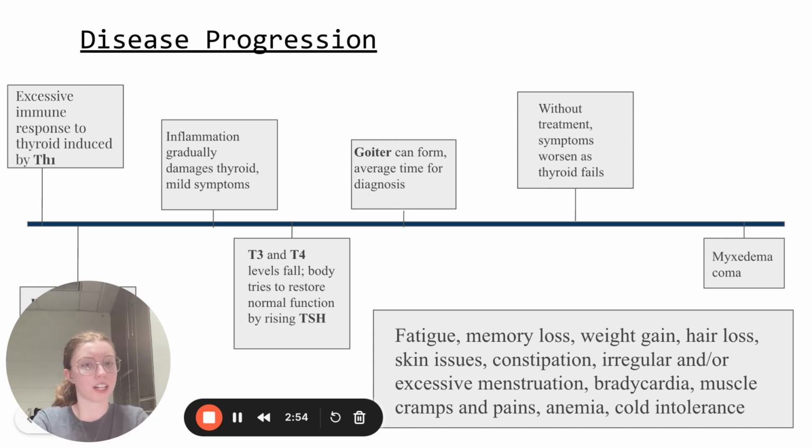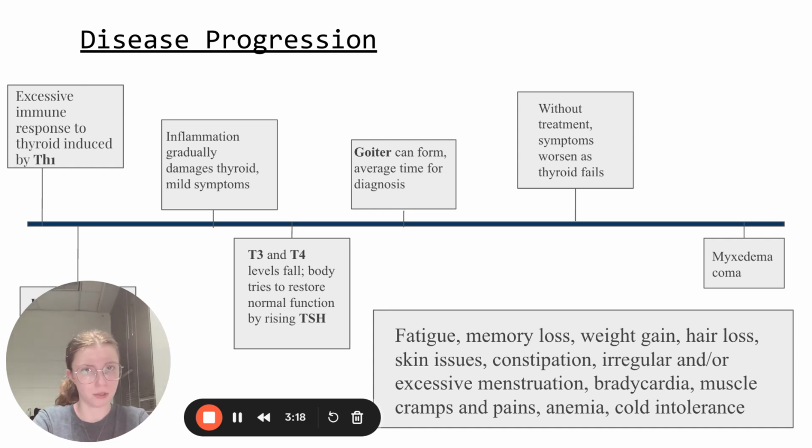But that progression happens over a pretty long period of time before you get to really significant symptoms with Hashimoto's. The beginning of this disease isn't completely clear, but it starts in a storm of autoimmune response and inflammation that's induced by Th1 helper cells.